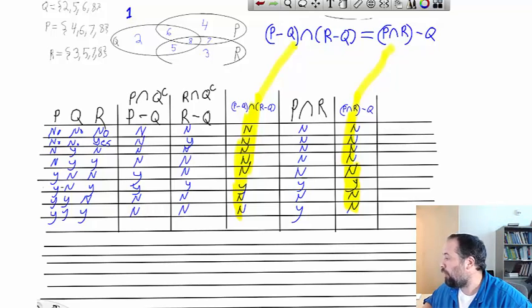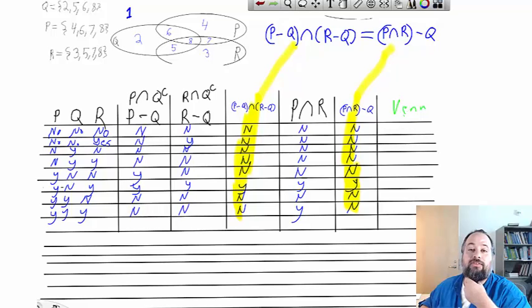Incidentally, if you were interested, you could number in this last column here the section or the values in the Venn diagram that correspond to each of these rows. So if it's not in P, it's not in Q, it's not in R, well that corresponds to number 1, right? If it is in R but not in P or Q, well that corresponds to number 3.